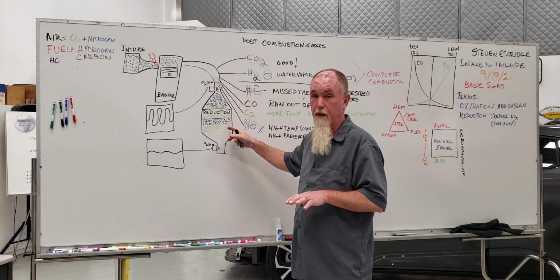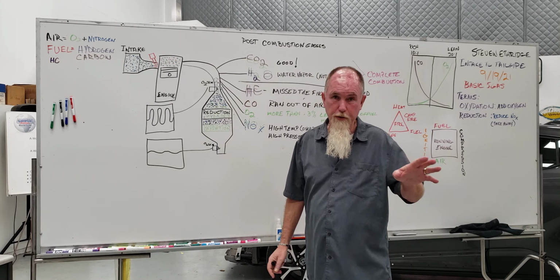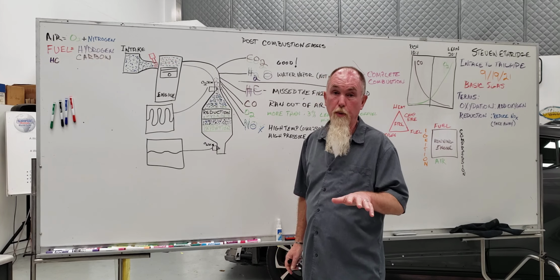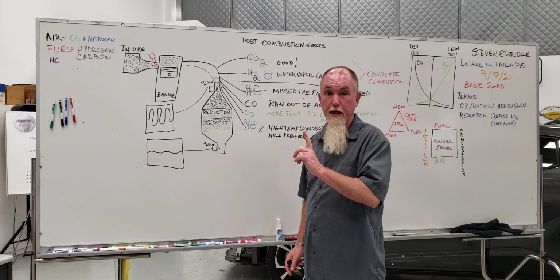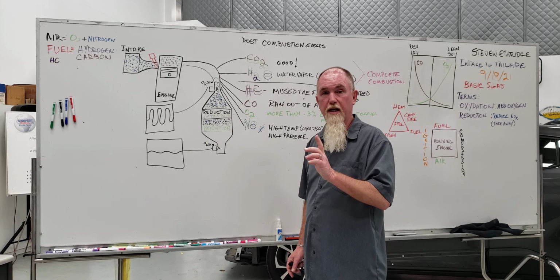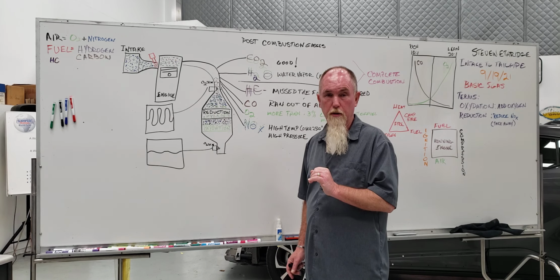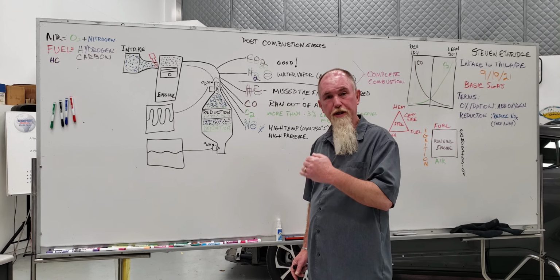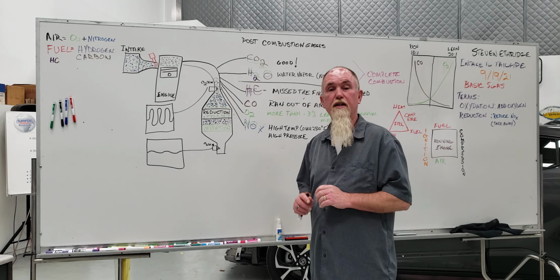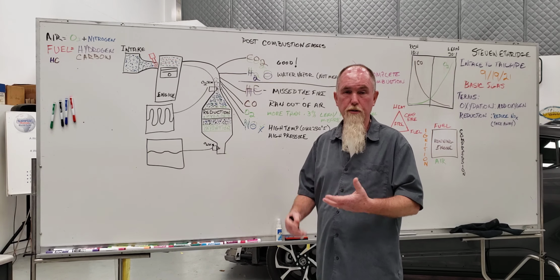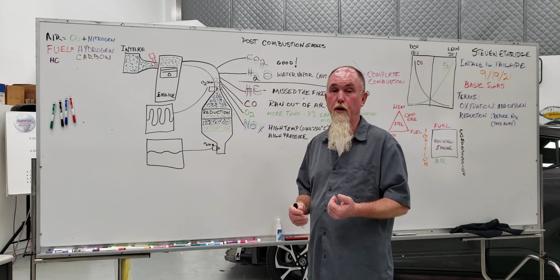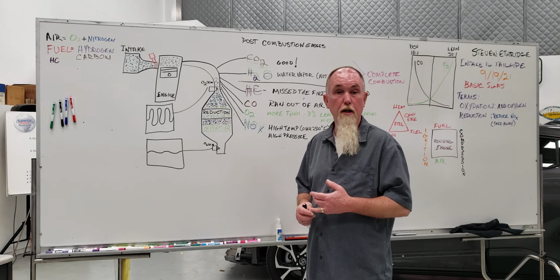The oxidation bed, if you remember the early days, before three-way cats, we had catalytic converters, and it only had one bed in it. It was there to reduce HC and CO. They called it an oxidation catalyst, so it added oxygen to the HC and CO and turned it into H2O and CO2.